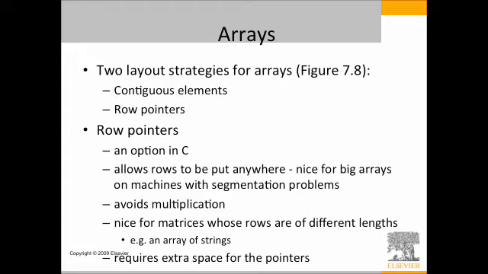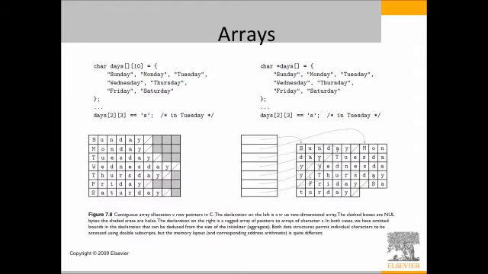Now, you're also probably familiar with the fact that there's two common layout strategies for arrays. There's so-called contiguous elements and row pointers, and the easiest way to illustrate that is with this diagram. So in C or C++, I could write my array either this way for storing a set of days or this way.